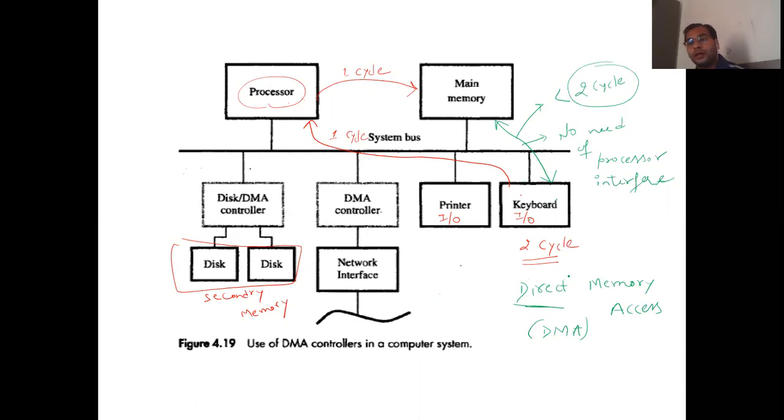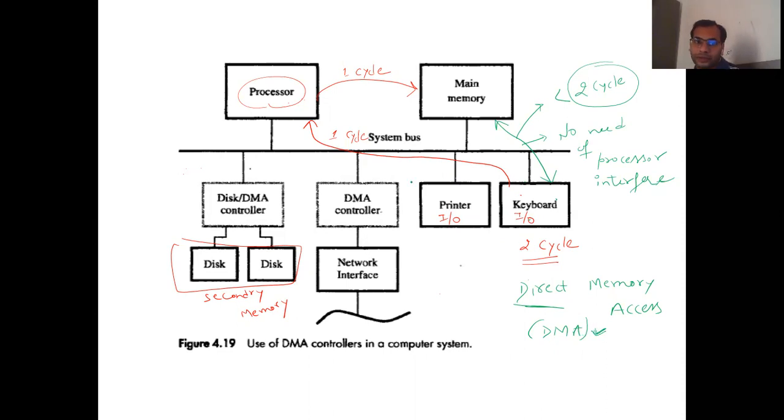So that our transfer of data, specifically a large block of data, is very fast. Instead of going through the processor, let's go directly to the memory and transfer the data either to the memory or from the memory to the output devices, whatever the requirement is. If you can directly access the memory, that technique is named direct memory access, in short DMA.